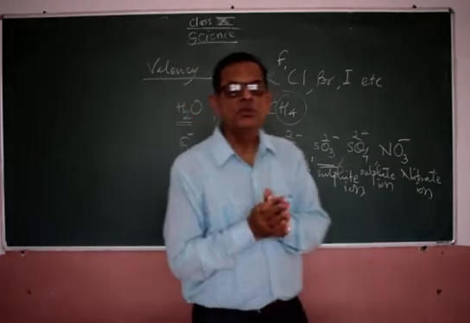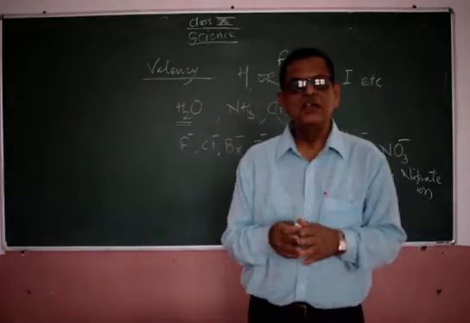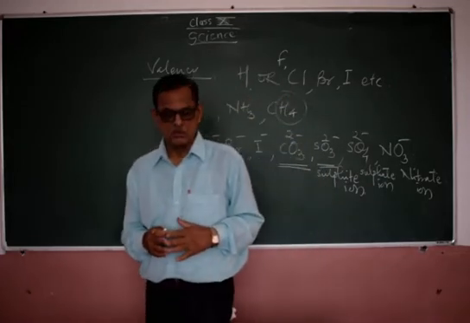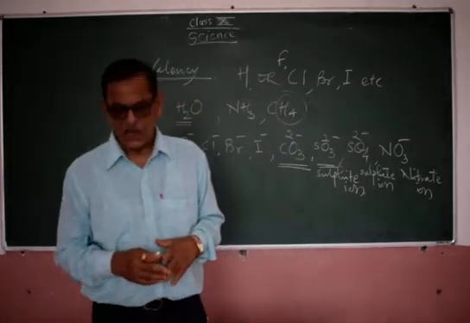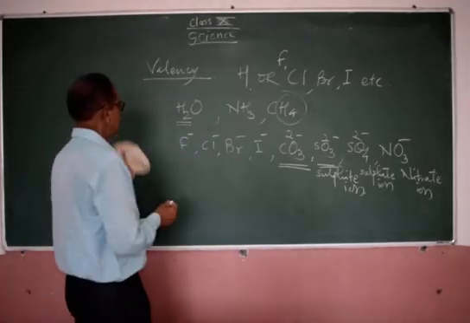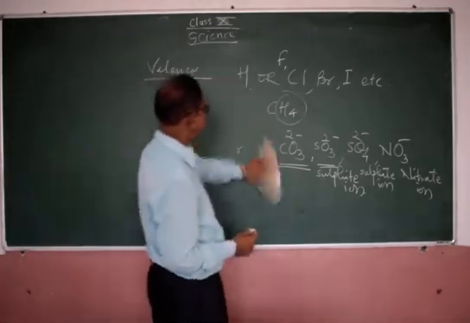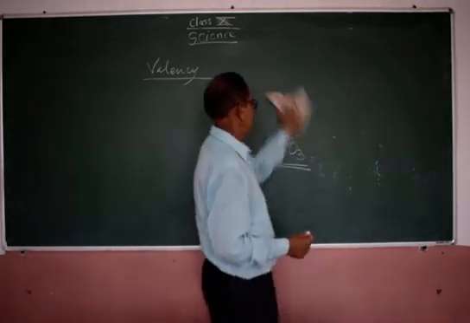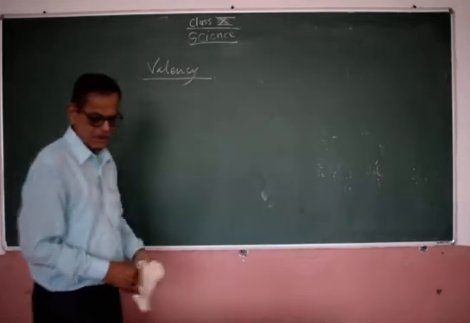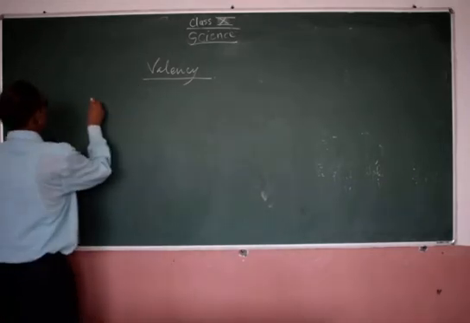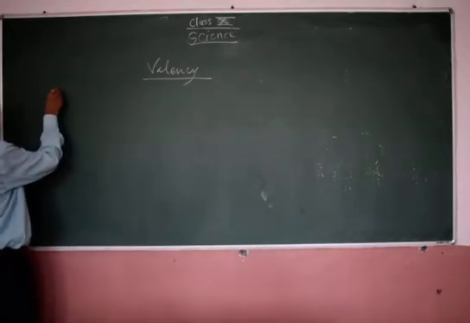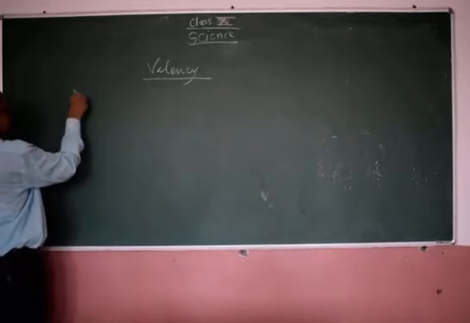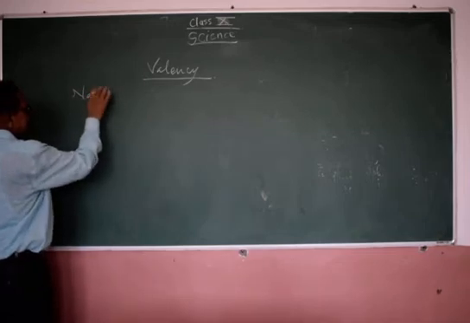Now, by using the valency, we can write the correct formula of a chemical compound. For example, first take the example of sodium chloride, NaCl.